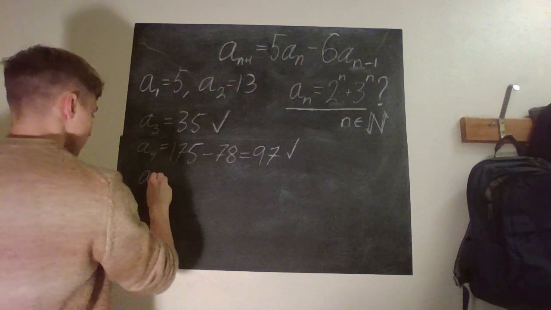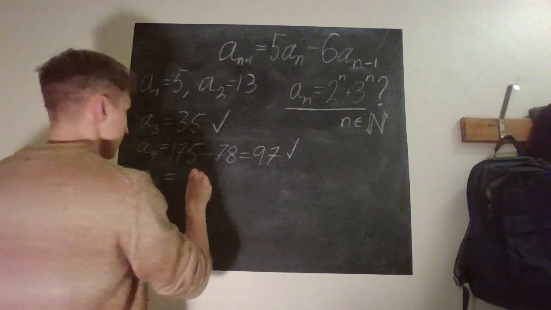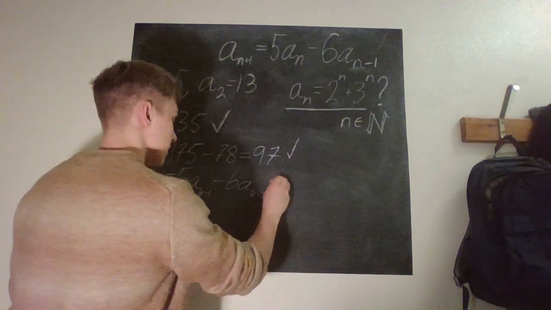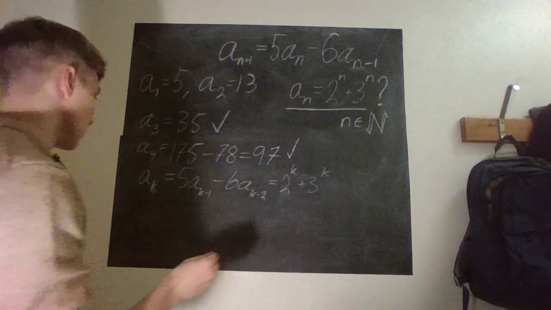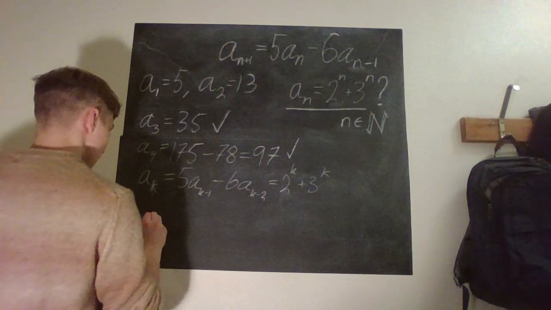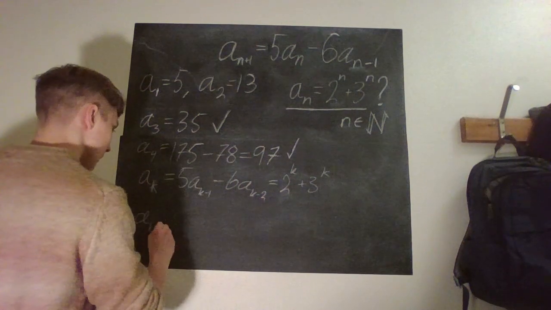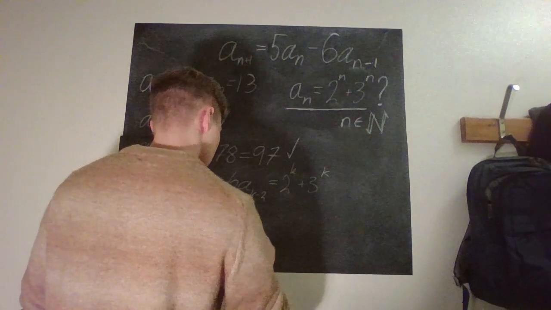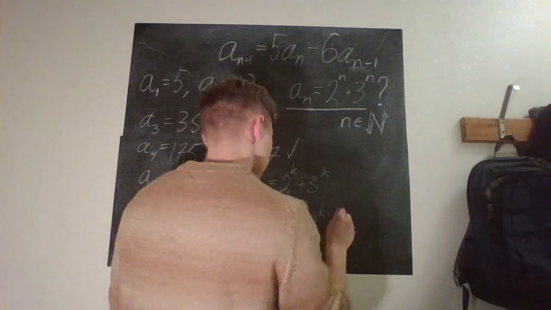So our first assumption is that a_k is equal to 5a_{k-1} minus 6a_{k-2}, which is also equal to 2 to the power of k plus 3 to the power of k. And our second assumption is exactly the same thing, we just subtract 1 from k. So a_{k-1} is equal to 5a_{k-2} minus 6a_{k-3}, which is also equal to 2 to the power of k minus 1 plus 3 to the power of k minus 1.